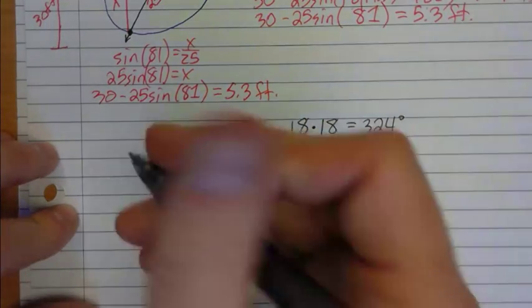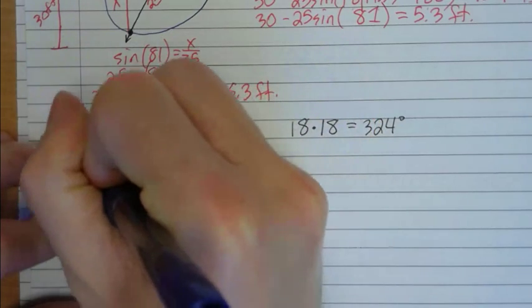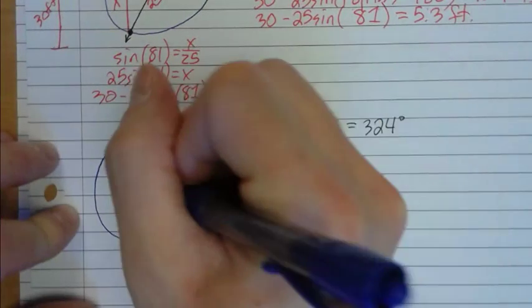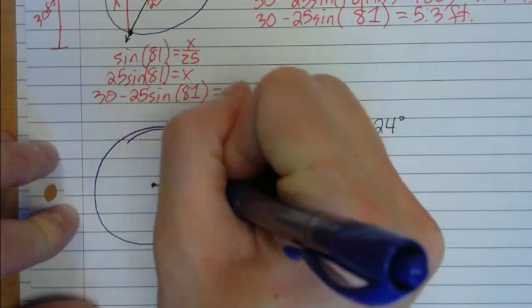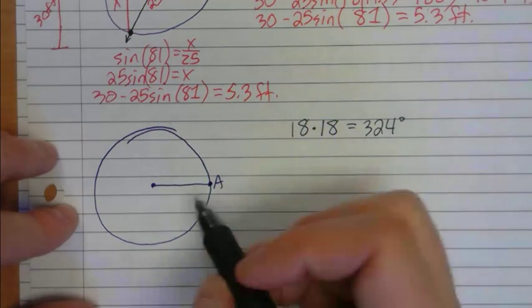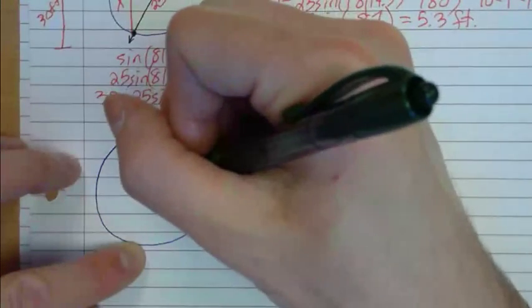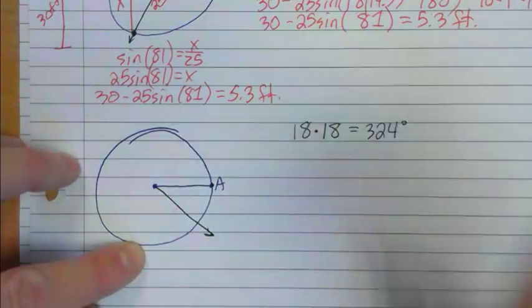And so if we draw our circle here, and our A value that we're always starting from, 324 degrees would be just short of 360 degrees. So it would be down here.